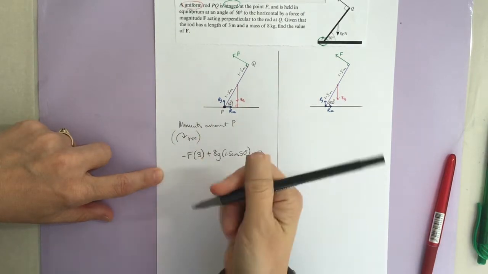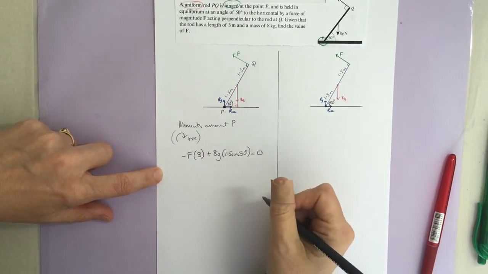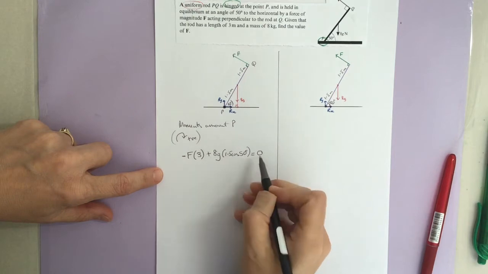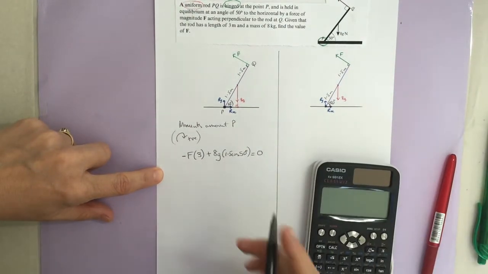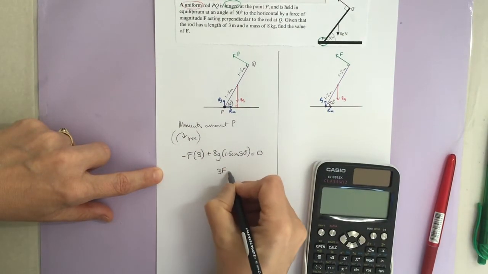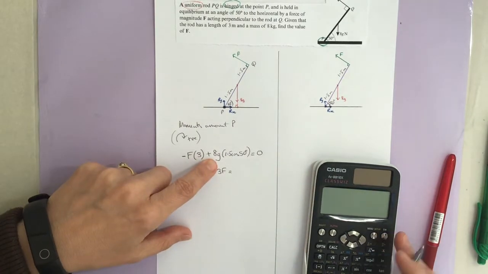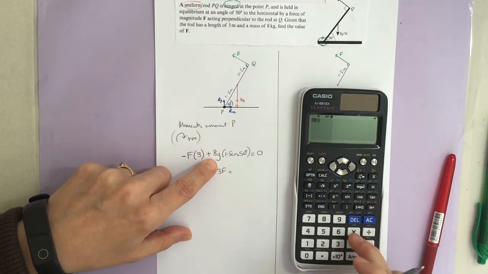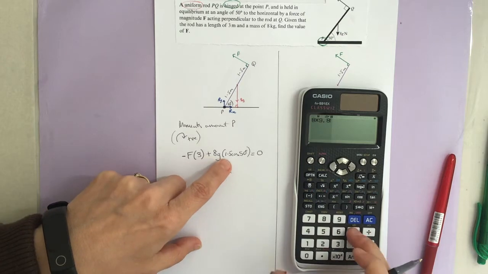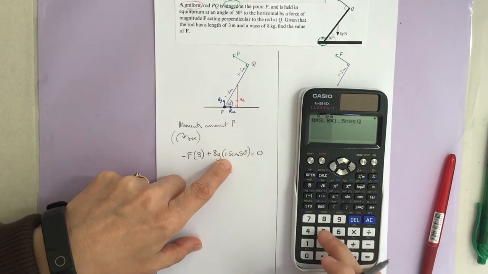There's nothing actually turning here, so the sum of the moments must be 0. Okay, so let's sort this out. Rearranging, 3F is going to be 8 times 9.8 times 1.5 cos 50.